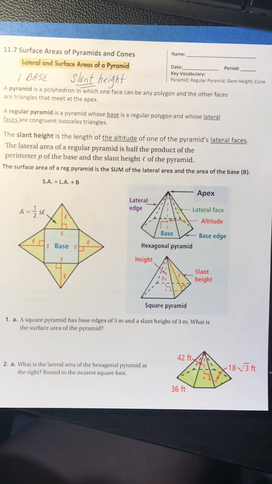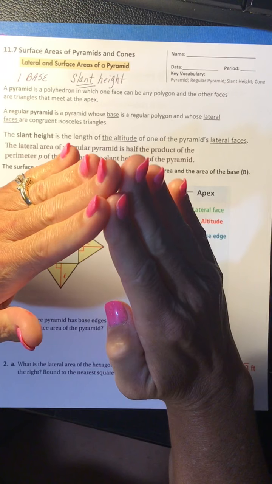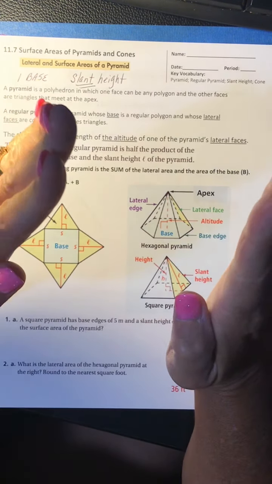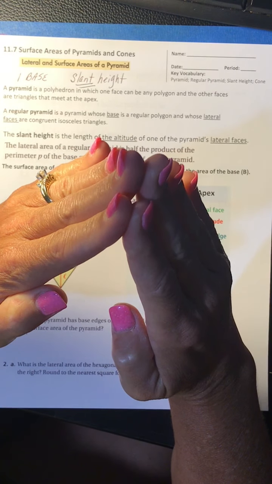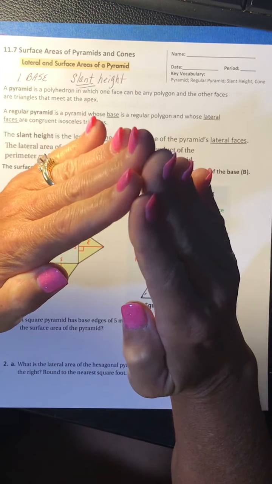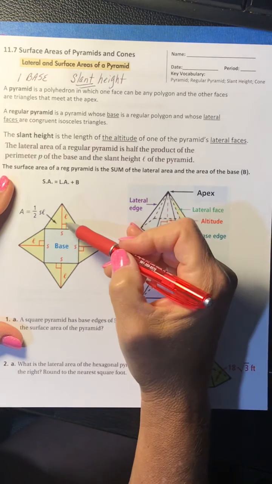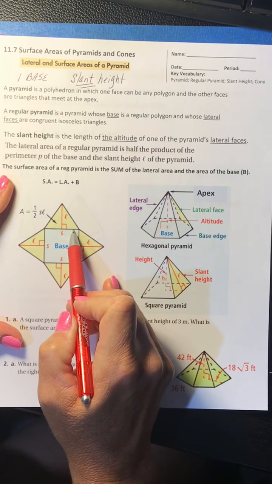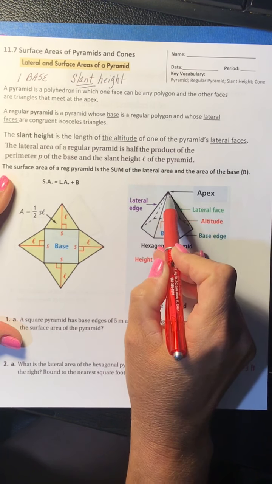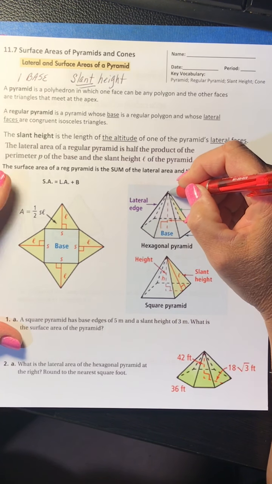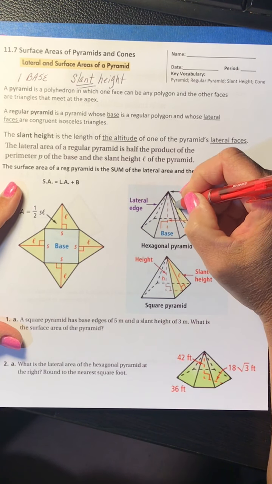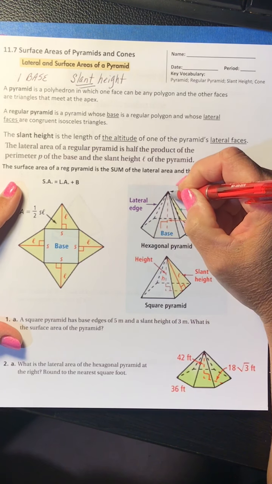It does, but because a pyramid comes to a peak, and we said that pyramids and cones have sides that are triangular, this height of the triangle becomes slanted. It becomes leaning over. It goes from the apex through the middle of the side all the way to the base.